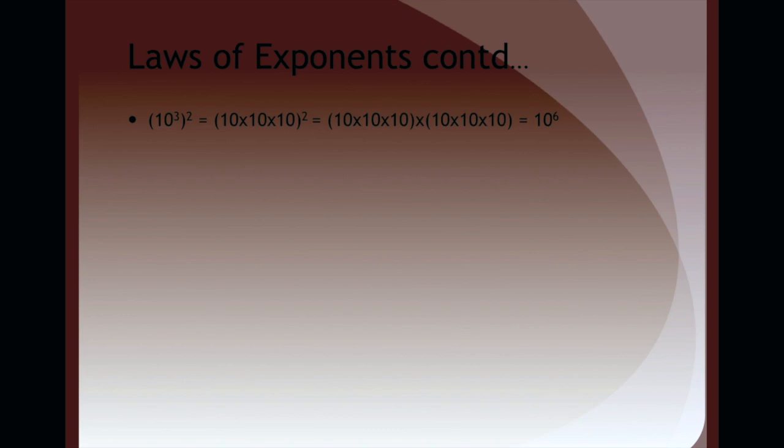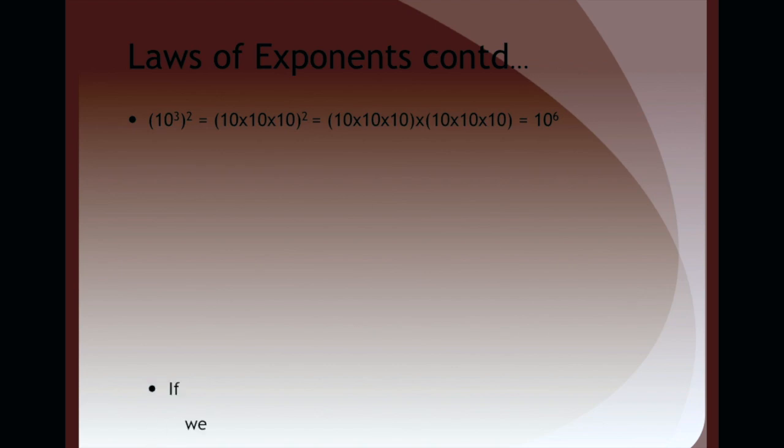So let us expand only the bracket part, which is 10 into 10 into 10. Now in the second step we are just multiplying the bracket number with itself, which is 10 into 10 into 10 first, into 10 into 10 into 10, because of power 2. We have to repeat it twice and multiply. We see that it becomes 10 raised to power 6.